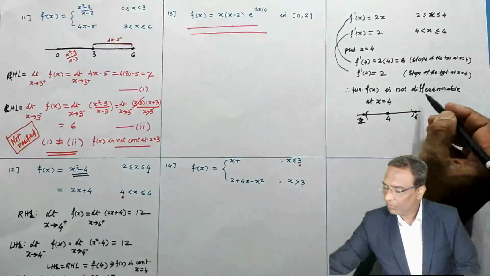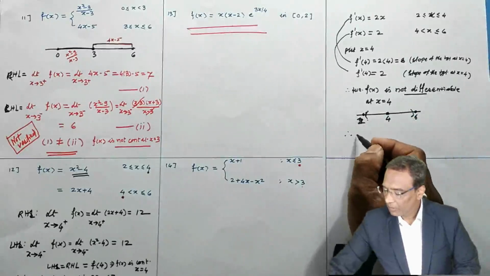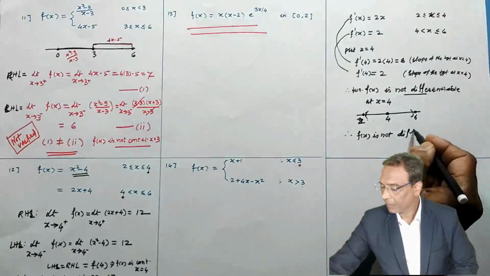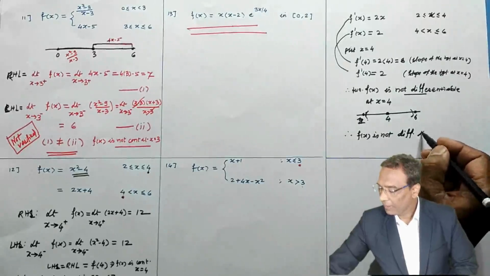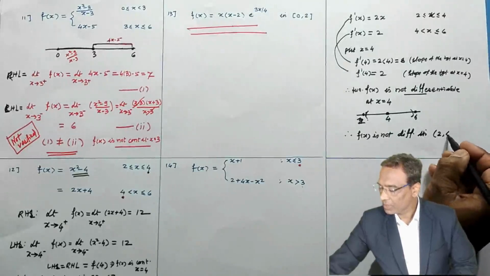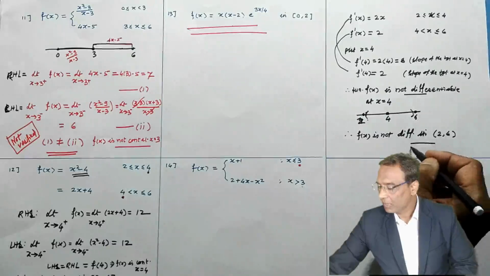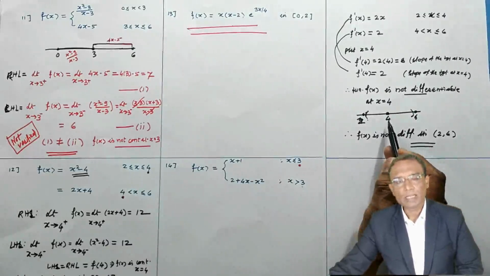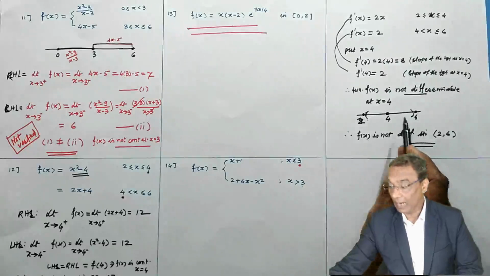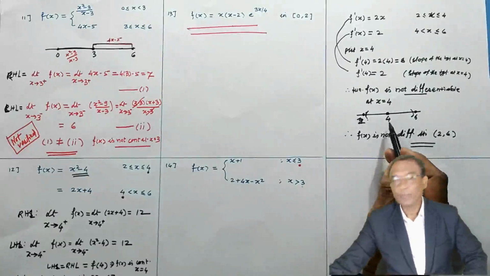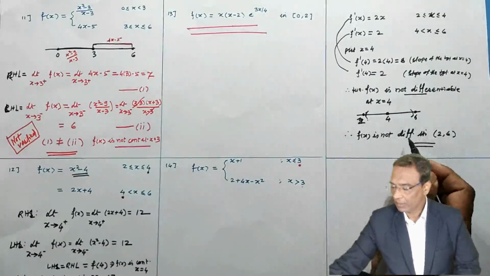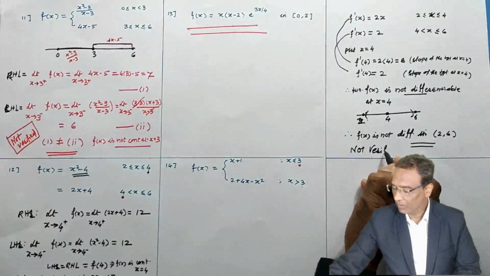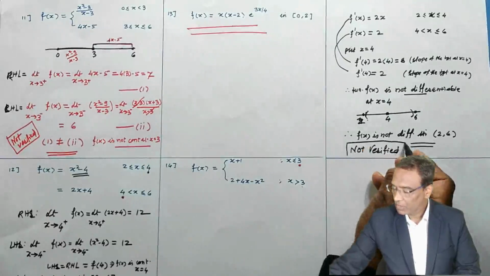Remember, therefore, f(x) is not differentiable in the open interval 2 to 6. Except x equal to 4, it is differentiable, but at x equal to 4 it is not differentiable, and 4 is one of the points of the open interval. So therefore Rolle's theorem is not verified here.